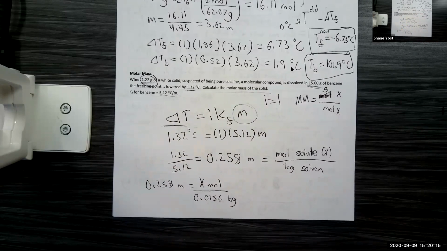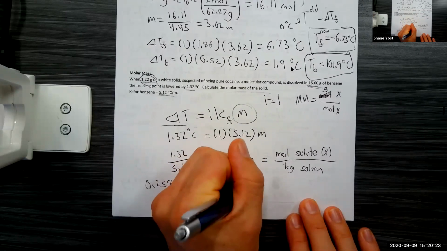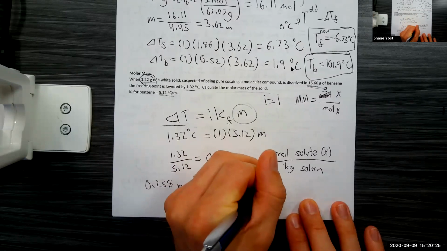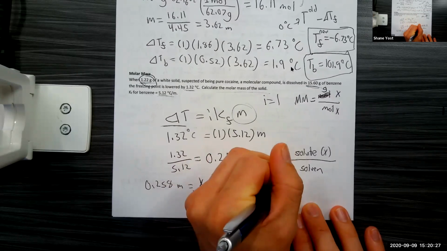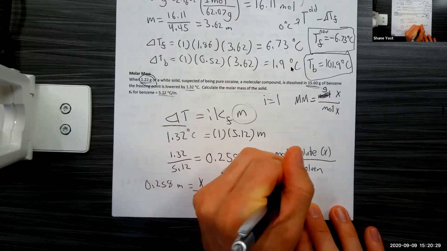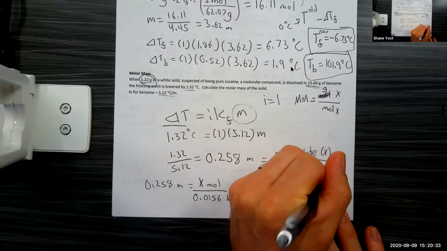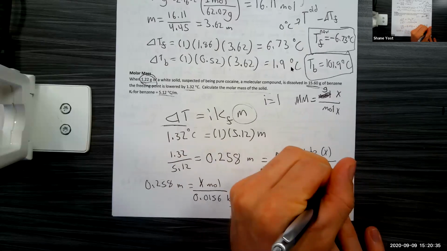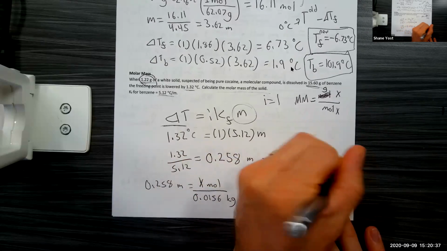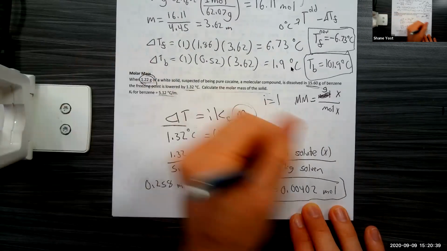And so now just multiply 0.258 by 0.0156, and you get that the moles of your compound X equals 0.00402 moles.